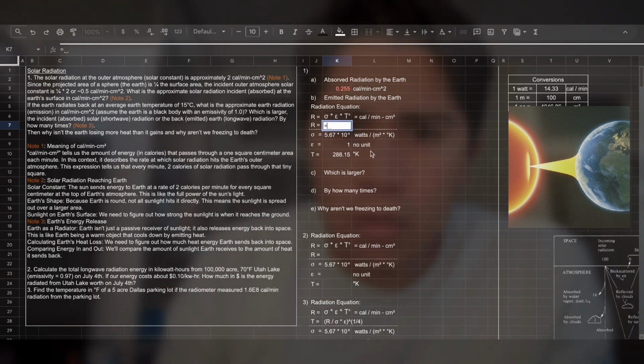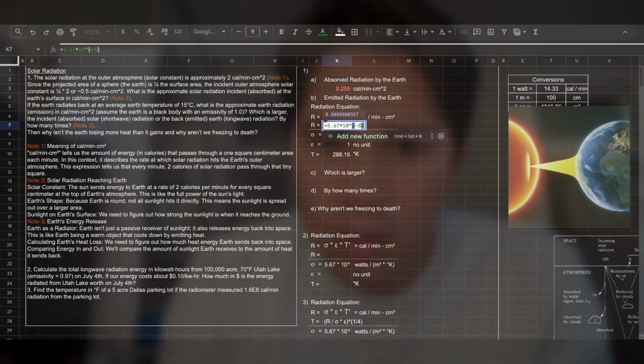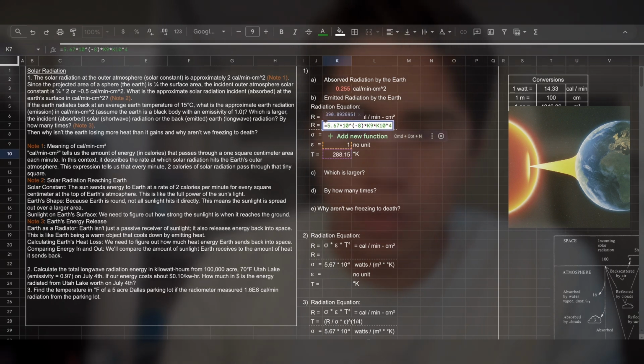That's going to be equal to 5.67 times 10 to the negative 8 times 1, which is the emissivity, times the temperature to the fourth.